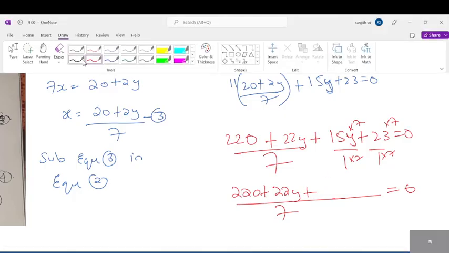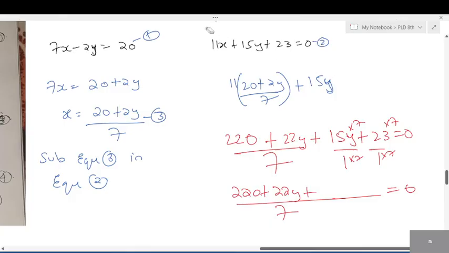You'll just get the same answer. 23 becomes minus 23. So when you multiply, what do you get? 15 into 7 is... 5y is equal to minus 20.